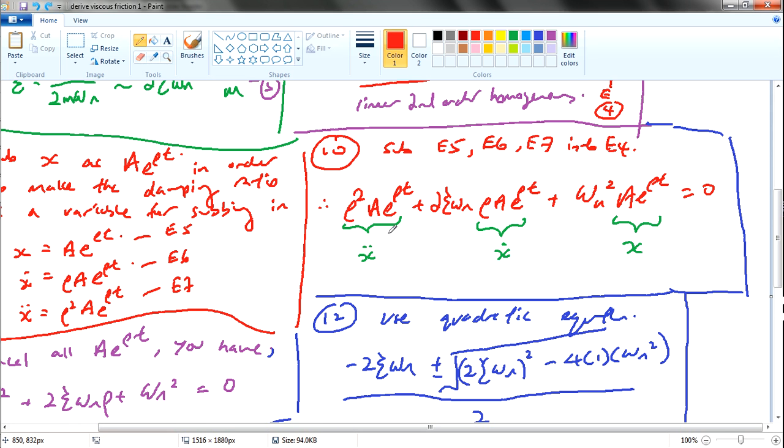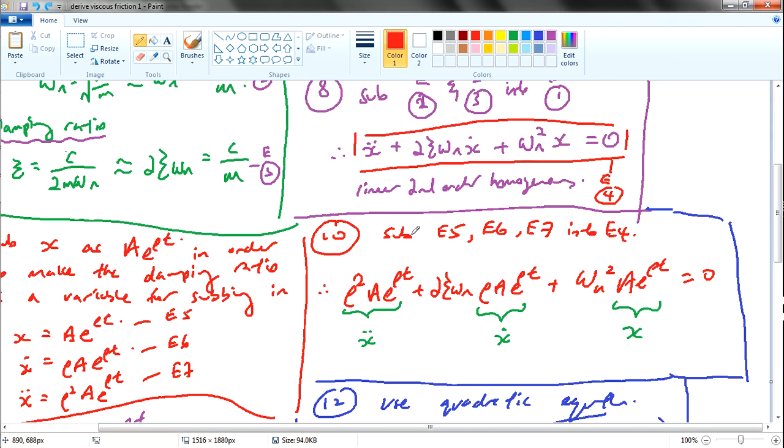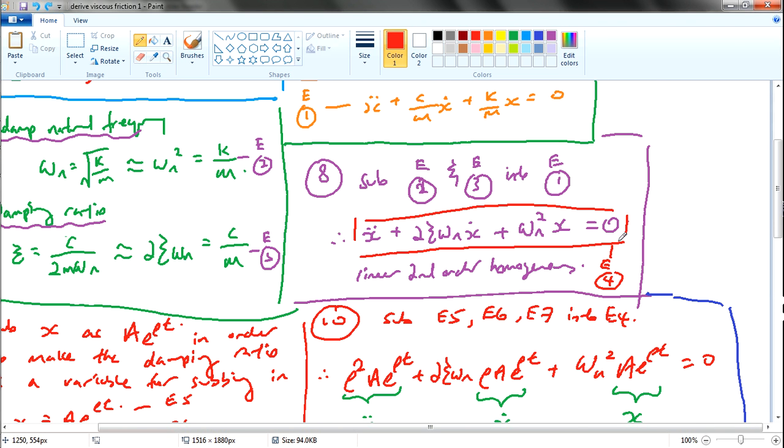So by now, if I have complicated things for you, let me make it very clear that eventually we have to solve for x. This is our equation. But because we have a damping ratio in our way, we don't know how to solve for it. So that's why we want to sub x as this in order to solve for x first.